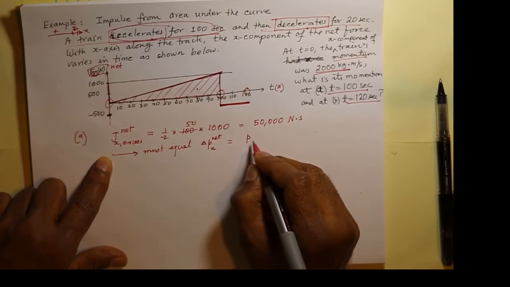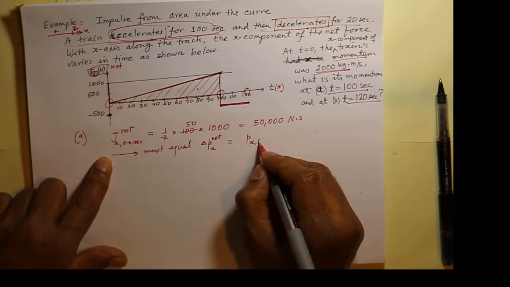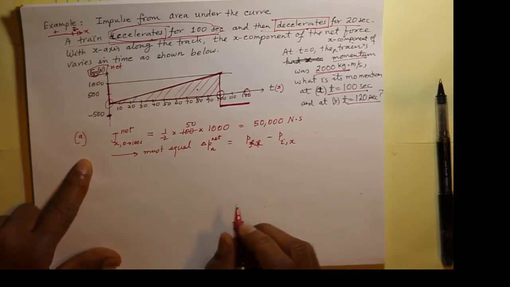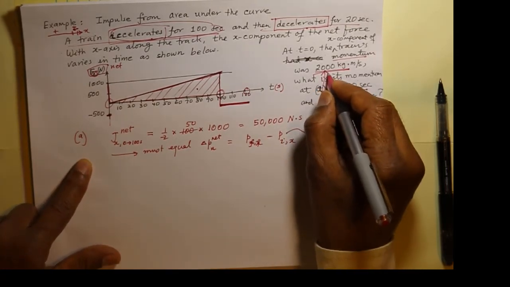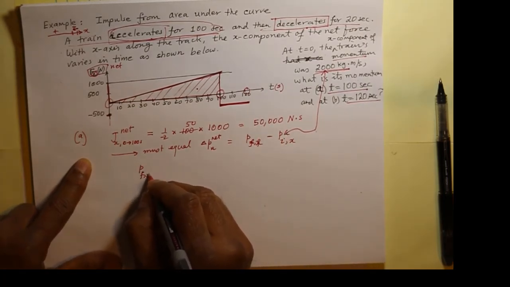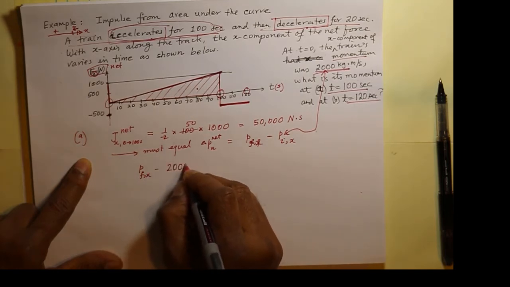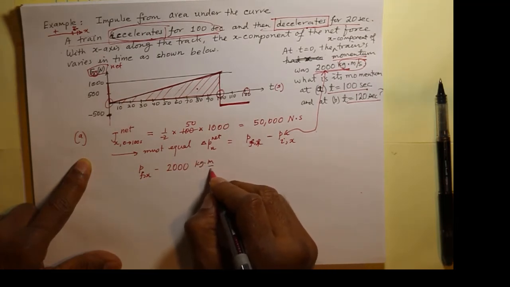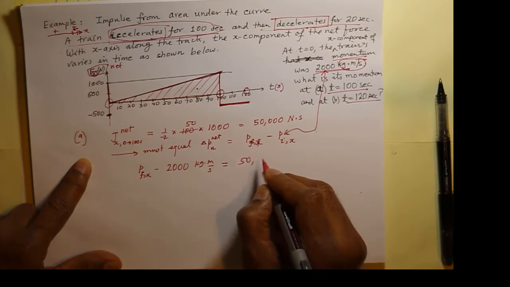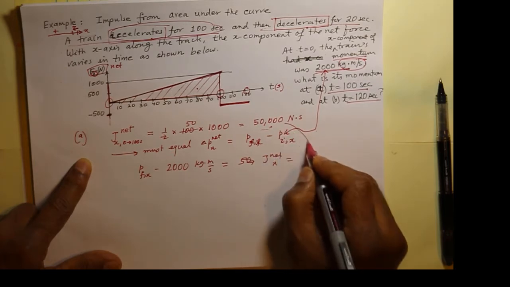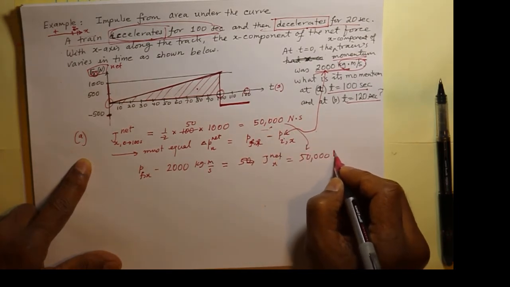Which is P final x minus P initial x. The initial value is given as 2000, so I have P final x minus 2000, and this unit is the same as Newton times second, and that must equal J net x, which is equal to this number, correct?